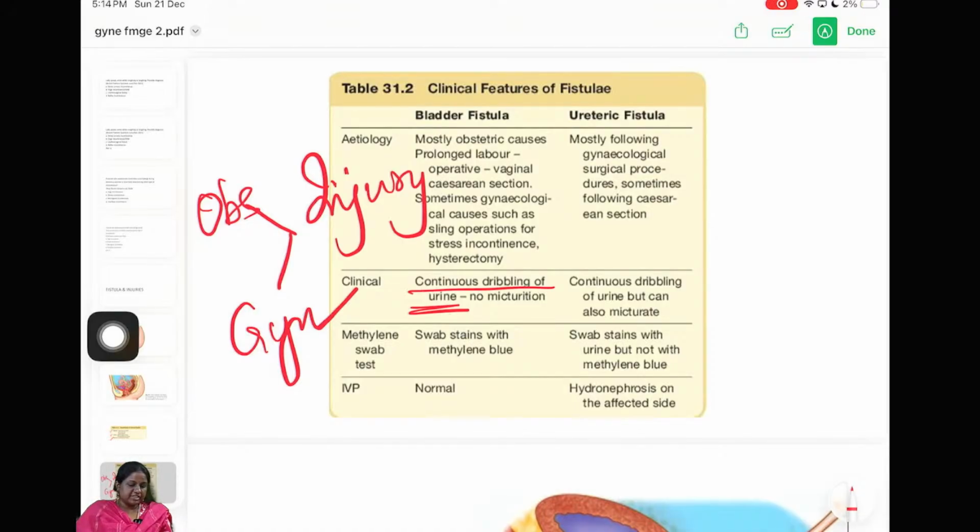Whereas ureteric fistula will also have continuous dribbling, but she will also be able to micturate normally because the other side will be normal. Correct? The other side urine will be coming into the bladder. You understand? Whereas in urethral fistulas, there will not be much dribbling. Why? Because only if the urine comes into the urethra will there be dribbling. You understand? Good.